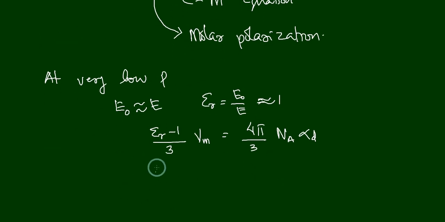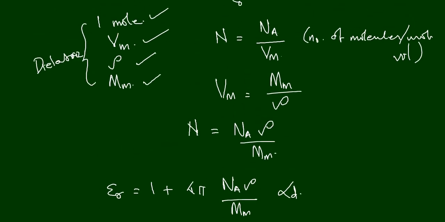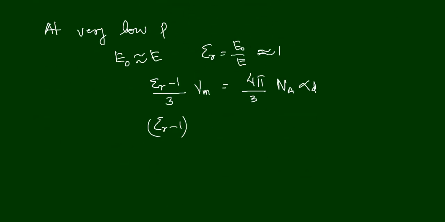And so if we cancel 3 from both the denominators, from the left hand side and from the right hand side, we can write (epsilon r minus 1) into Vm, that is molar volume. That we can write like Mm divided by rho, because we have already written it here, Vm is equal to Mm divided by rho. So M divided by rho is equal to 4 pi, 3 is already cancelled, Na into alpha d.